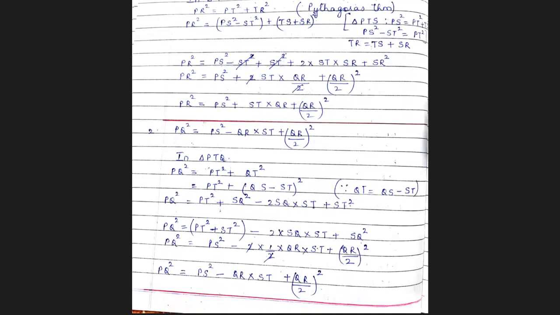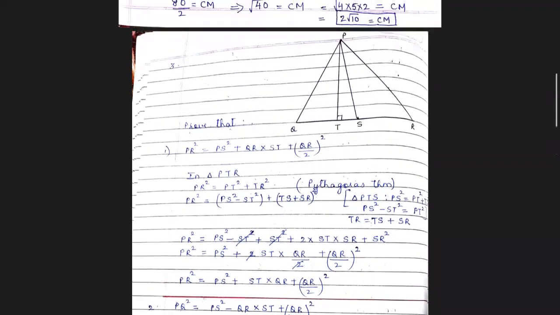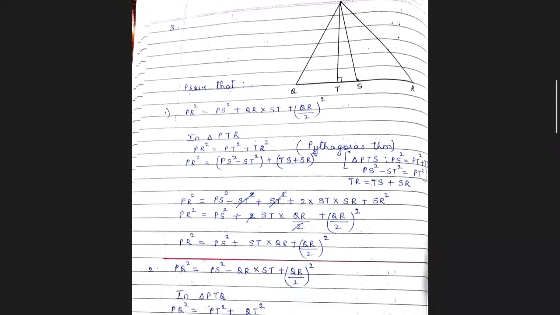Now, the next part, I have rearranged the terms. So PT square plus ST square, which is the last term, I've brought it in front. So PT square plus ST square minus 2SQ into ST plus SQ square, which was the second term, I have taken to the end. So I've just rearranged the terms. What's the reason for it? PT square plus ST square, when you look at the figure, what do you get? Instead of PT square plus ST square, I can substitute it as PS square.